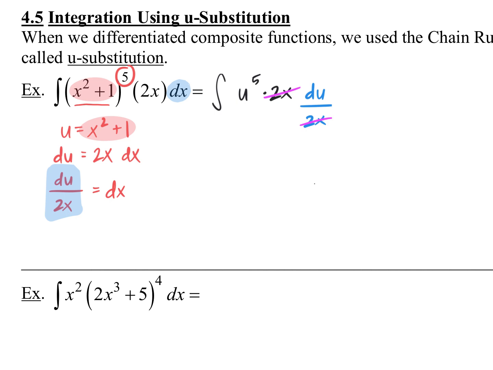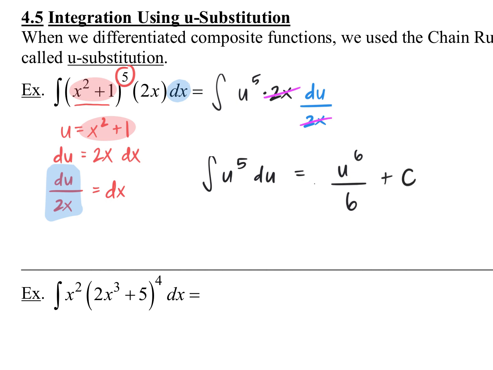And now we're going to integrate u to the 5th power du. Can we take the integral of that? Yeah, the integral of u to the 5th power is just u to the 6th power divided by 6, plus c.